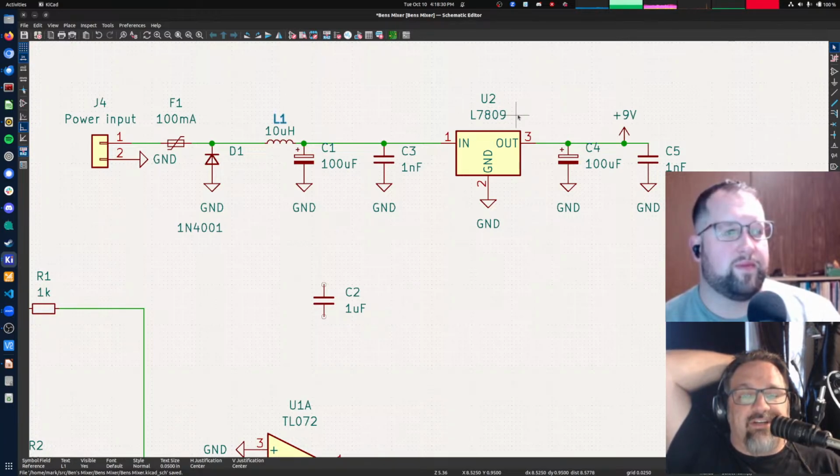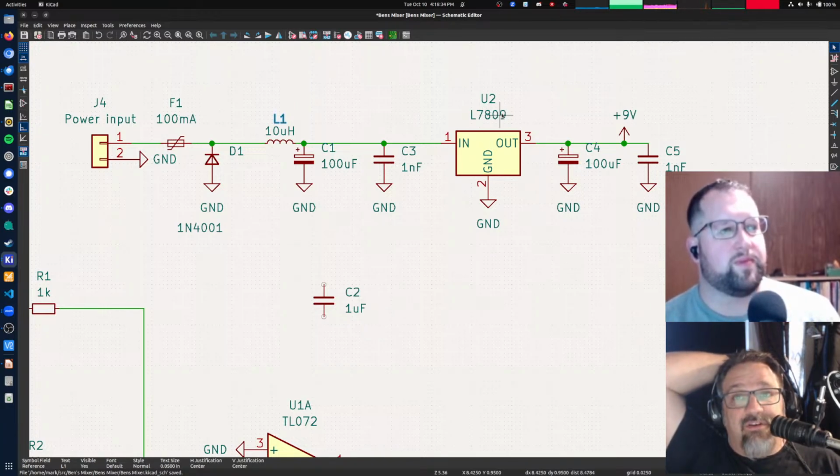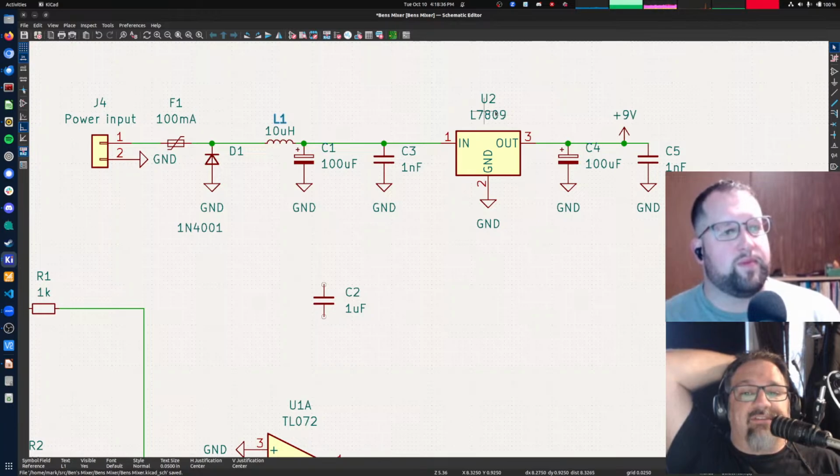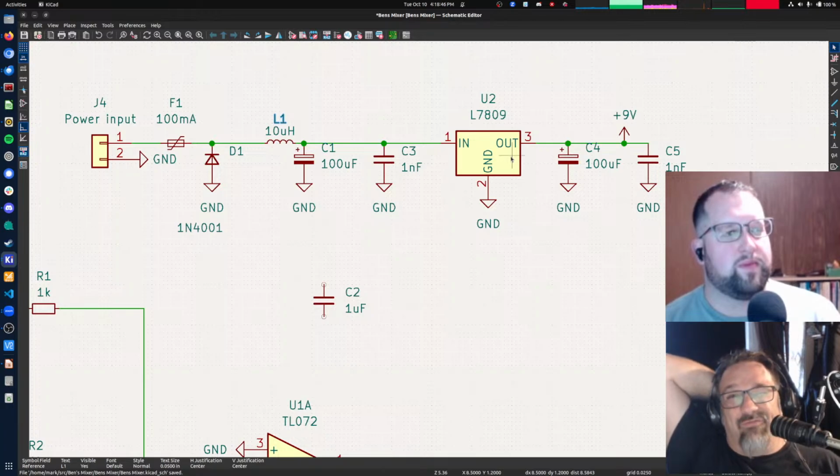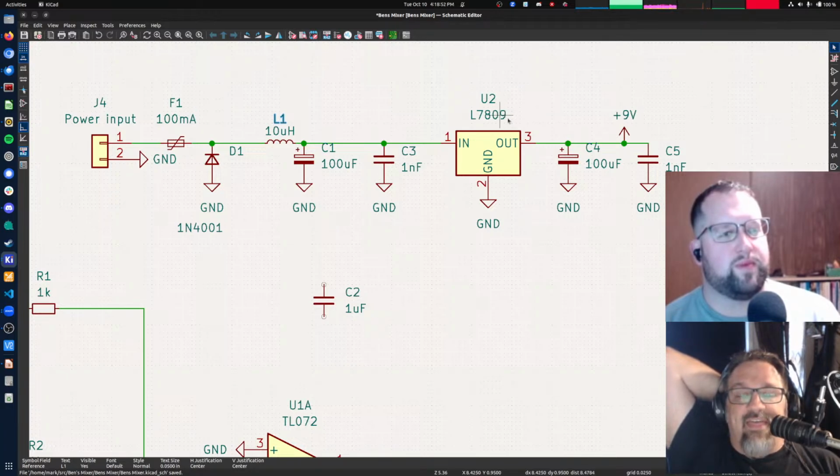So 7800 series are voltage regulators. 7805 is a 5-volt regulator. 7809 is a 9-volt voltage regulator. 7812 is a 12-volt voltage regulator, and so on and so forth. This is a 9-volt regulator, and they typically have 1 or 2 volts of dropout, meaning that your input needs to be 1 or 2 volts higher than the output voltage for this thing to regulate correctly.